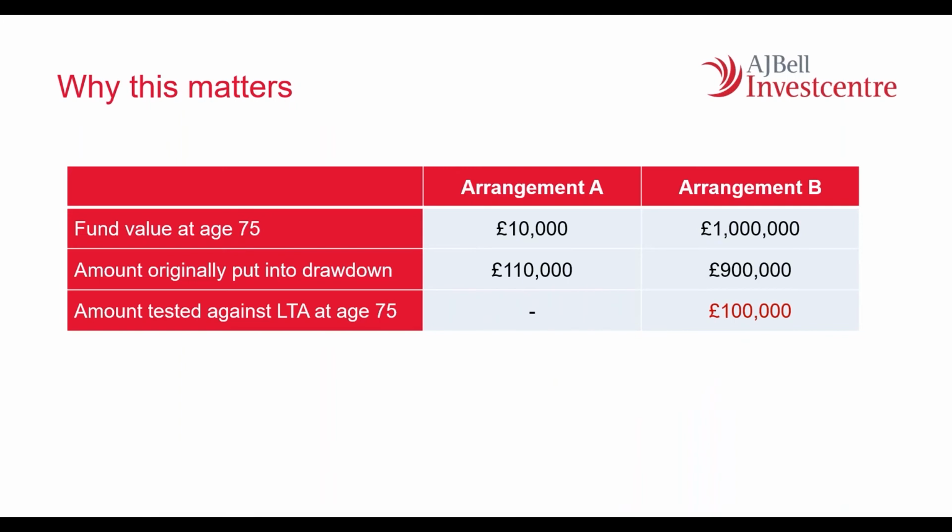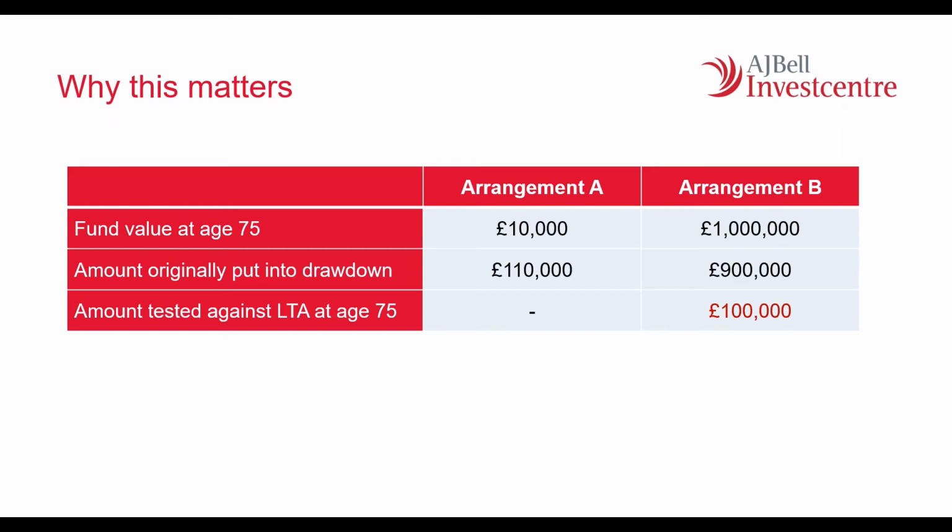So if you have somebody who has two arrangements within their scheme, and on their 75th birthday, under arrangement A, their fund value is £10,000, and under arrangement B, they have £1 million. But under arrangement A, the amount they put into drawdown was originally £110,000. So it's only worth £10,000 now, because, hopefully that's not investment loss.